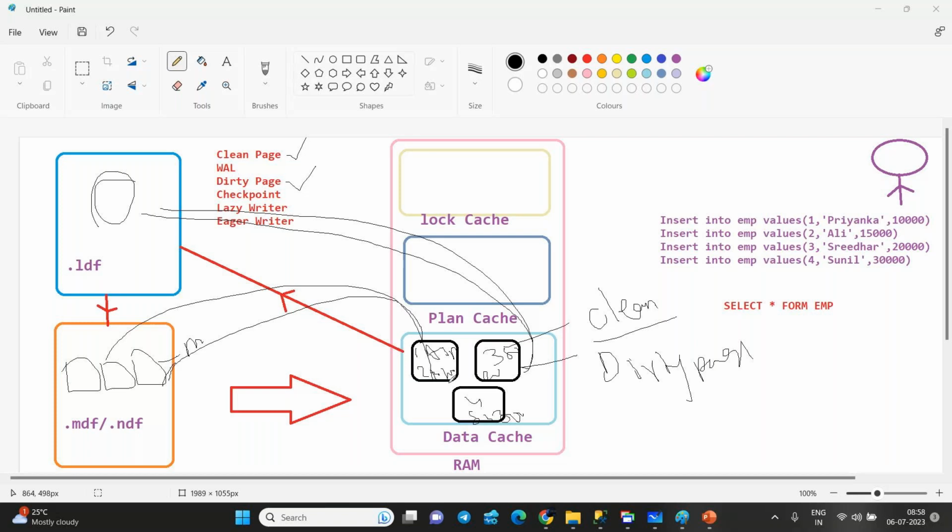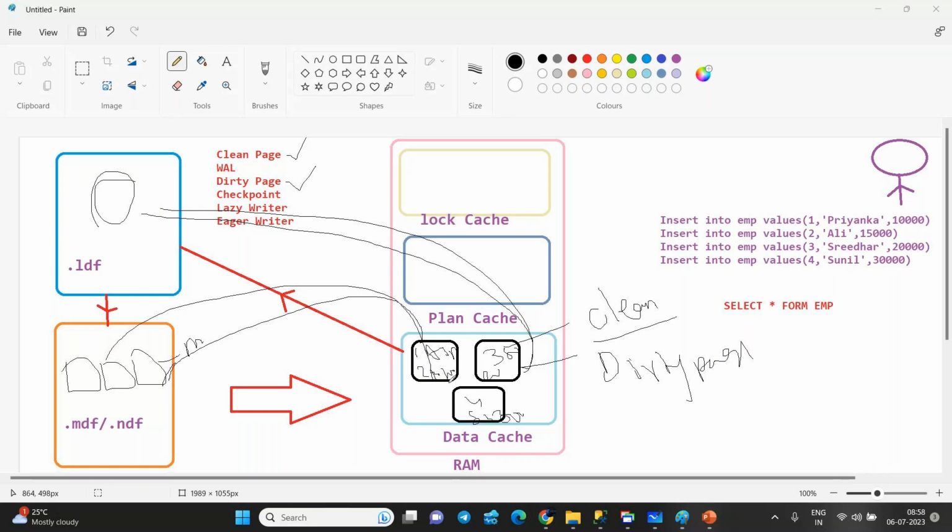Whenever checkpoint triggers, it will go to the data cache. It will verify the data which is not yet moved to the MDF file. So the dirty pages, the pages which are modified, that data will move to the MDF file along with the log file. Then you should call those pages clean pages because all the changes are moved to the MDF file.